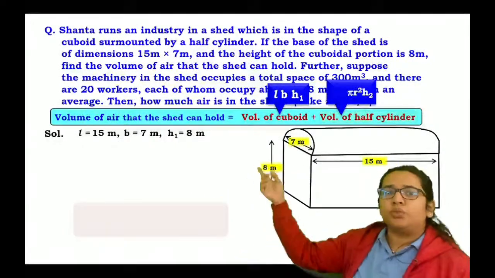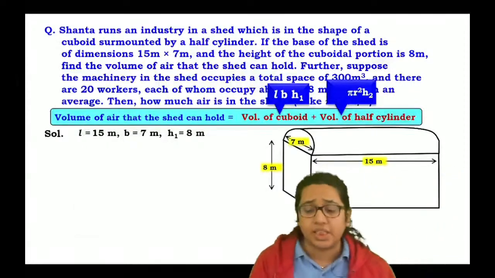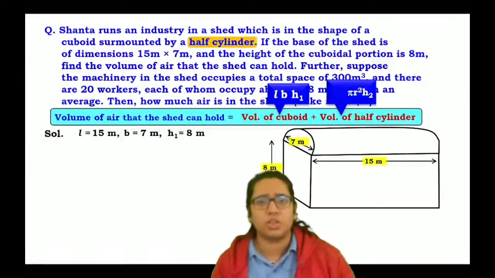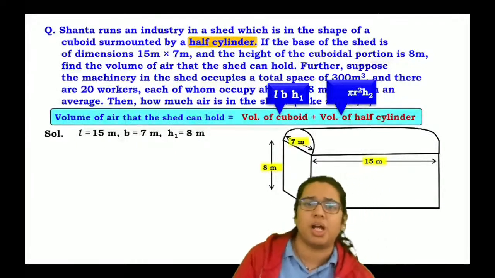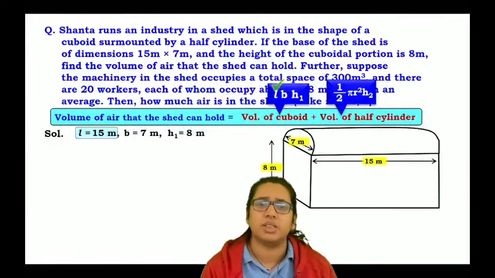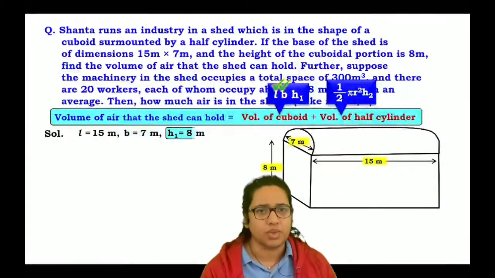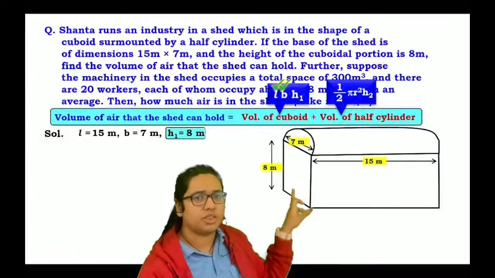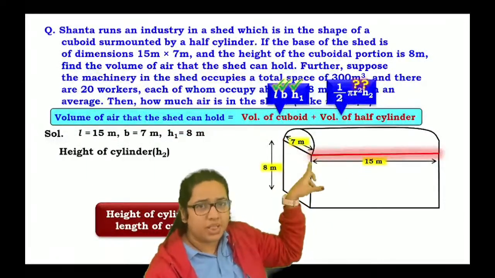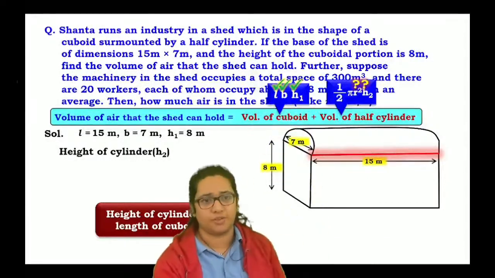Now, volume of the cuboid is nothing but LBH and volume of the half cylinder is nothing but, if you consider the full cylinder, then its volume is pi r square h. So volume of half cylinder is nothing but 1/2 of pi r square h. But for that, h will be something like this. B is nothing but breadth, so breadth is nothing but diameter of this half cylinder part.